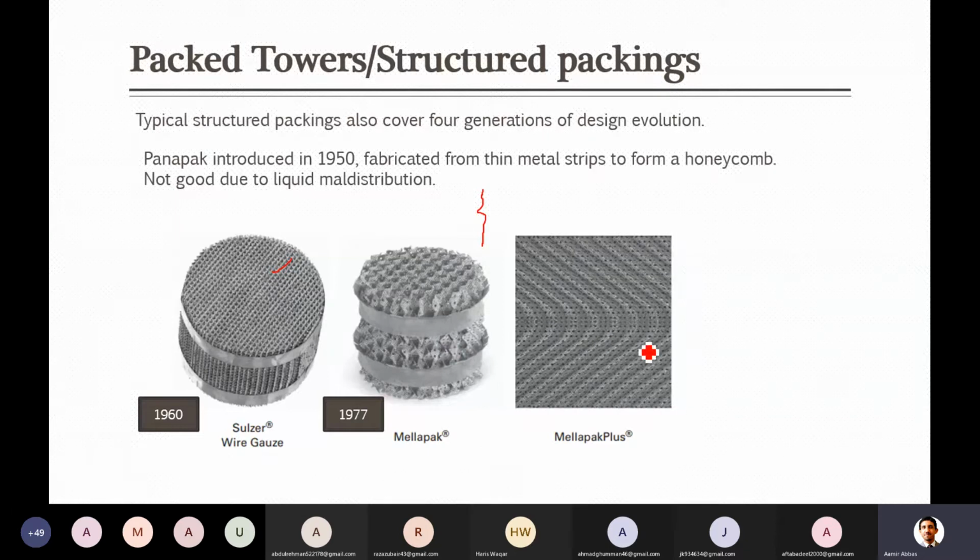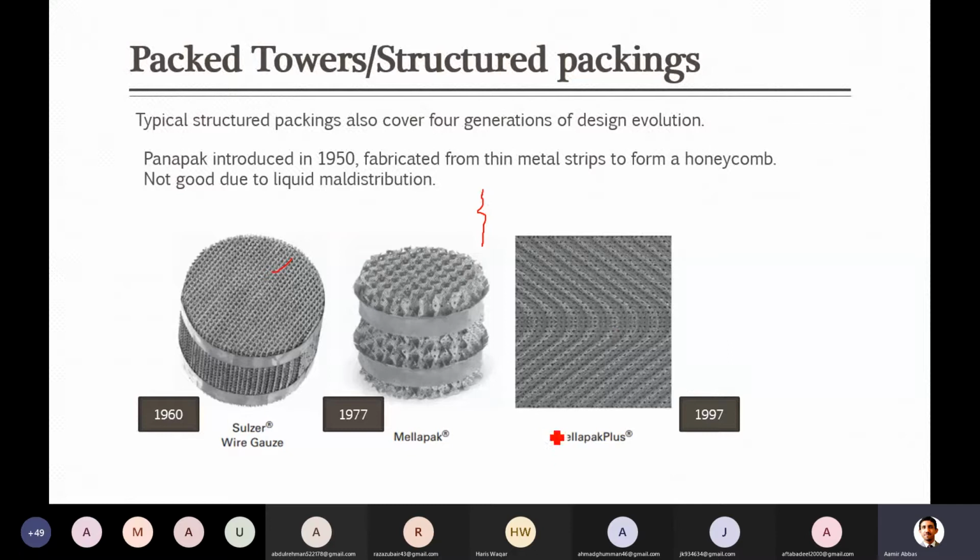With the passage of time, they were further modified. They were again corrugated structures, but here they were placed on each other vertically, while in this structure they seem to be placed on each other horizontally somehow.